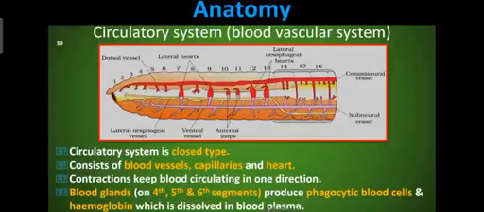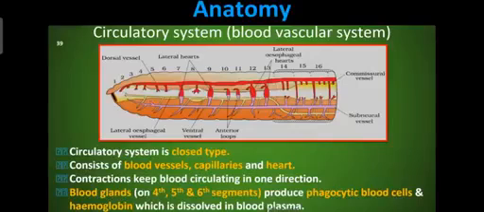The contraction of the heart keeps blood circulating in one direction. Then in the 4th, 5th and 6th segments, the blood glands are present, and these blood glands produce the blood cells. The blood cells are phagocytic.